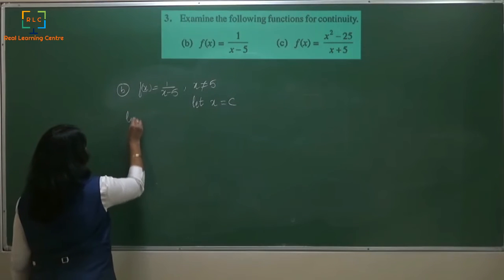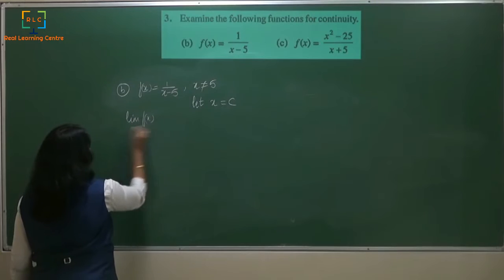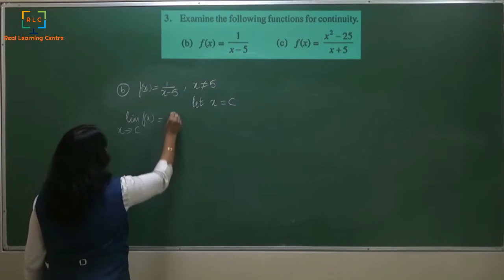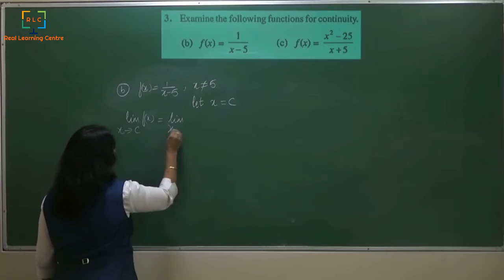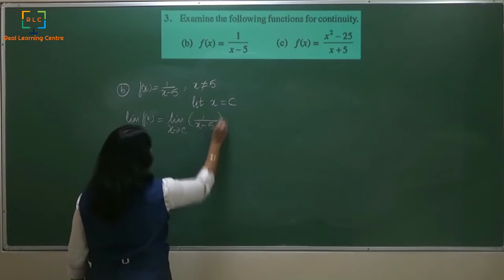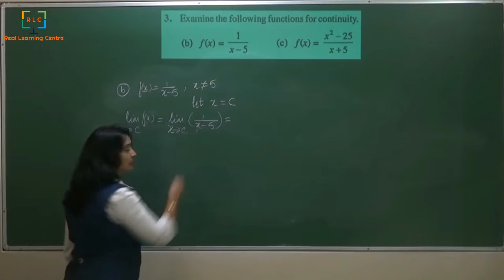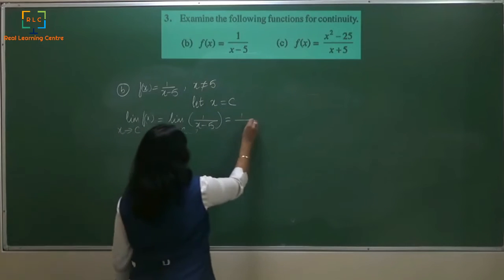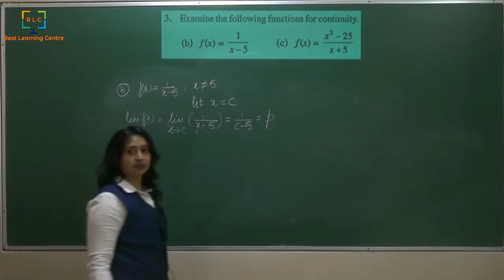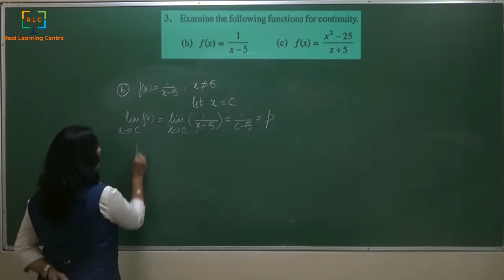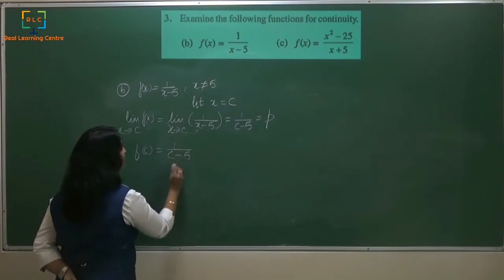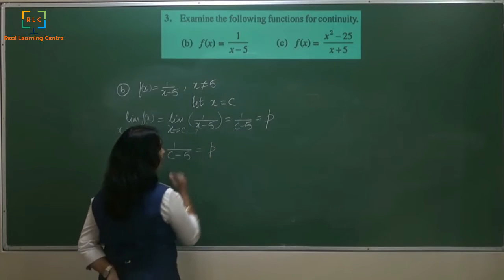Then I'll start like this: limit of f of x as x tends to c is equal to limit as x tends to c of 1 by x minus 5, and I'll plug in the limit, that will be 1 by c minus 5, which is equal to some number p. Then f of c also would be 1 by c minus 5, which is equal to p.